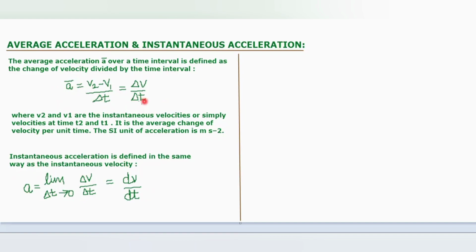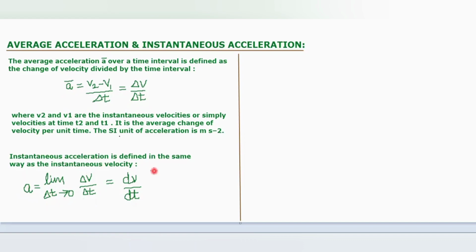What is the acceleration over a period of time? But at any instant, what is the value of acceleration? For that, we have to substitute del t turns to 0 in the average acceleration. Then we will get dv by dt, that is the instantaneous acceleration.